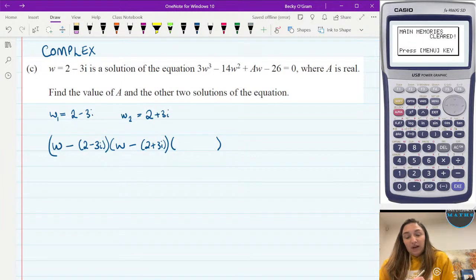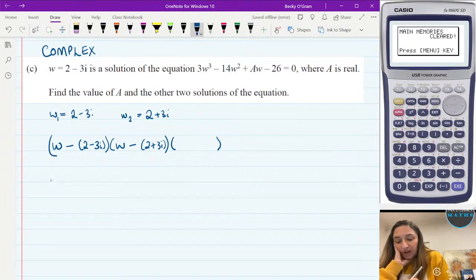Before I go on with that, I'm going to multiply out this bracket that we've got here of the first two factors that we've been using. So if I multiply out this bracket, I will have w squared minus, I'm going to keep this portion of it still in that bracket form.